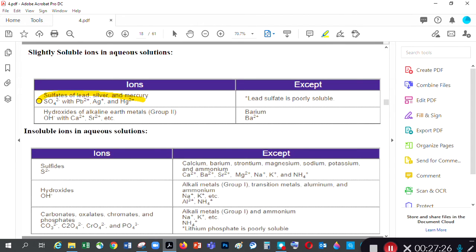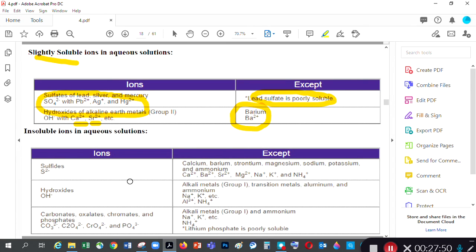All the sulfates combining with those ions will be slightly soluble, correct? And the hydroxide with calcium, strontium will be soluble, except what? Except barium. Barium hydroxide is not soluble. And there, lead sulfate is poorly soluble.